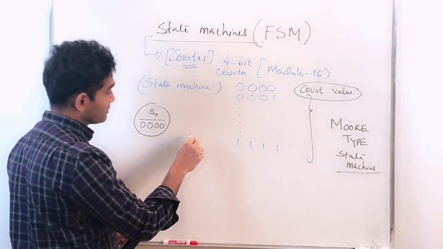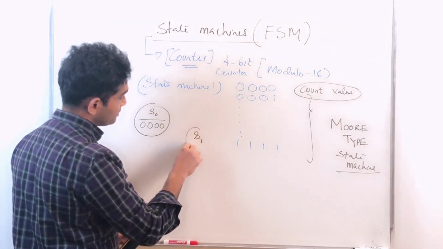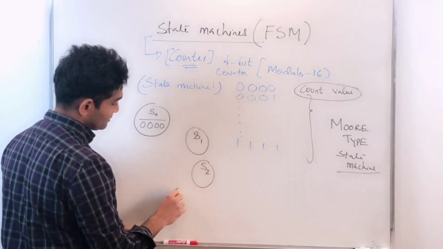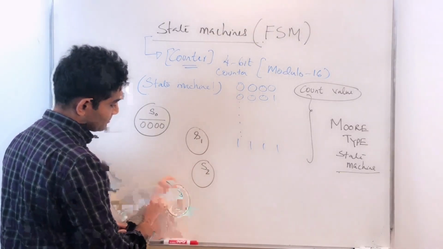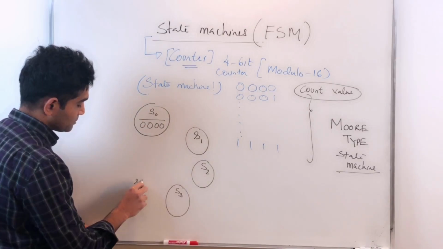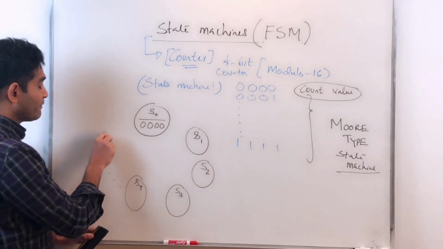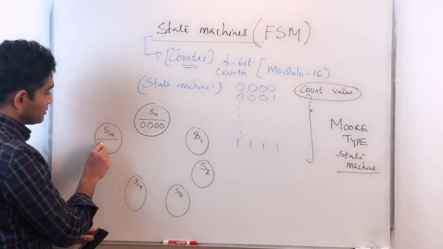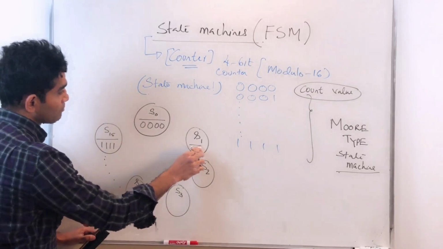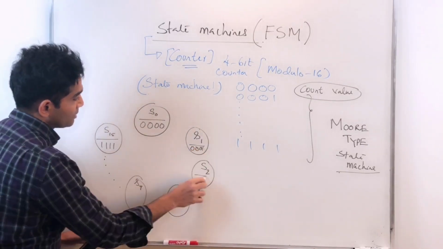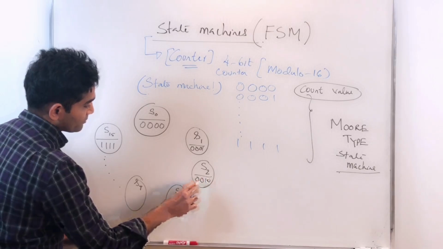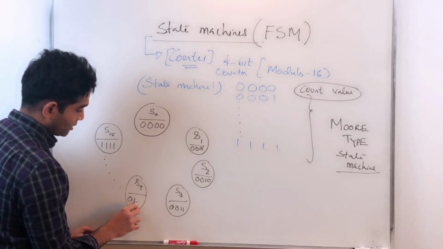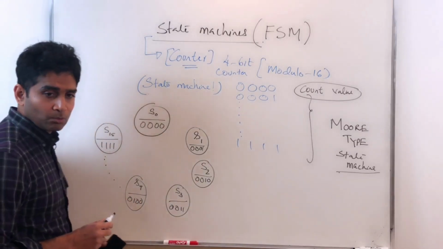And then S1, S2, S3, S4, and so on. So you have states until S15, with output 1, 1, 1, 1. S1 will be 0, 0, 0, 1, then 0, 0, 1, 0, 0, 0, 1, 1, 0, 1, 0, 0, and so on. And finally 1, 1, 1, 1.